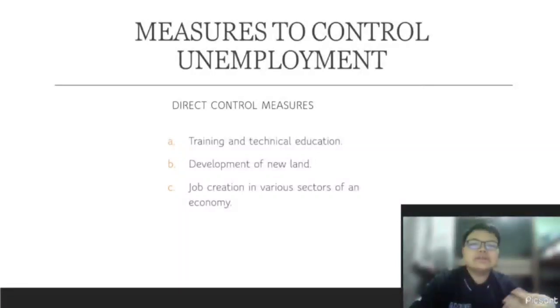If all sectors in an economy, such as transportation, finance, insurance, services, tourism, farming, manufacturing, construction, and others, expand, it will create more jobs and thus reduce unemployment. That's all from us. Thank you.